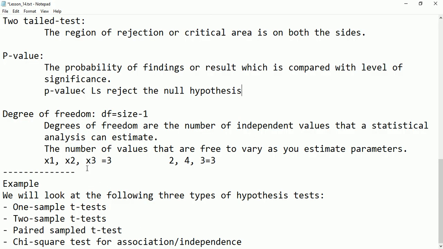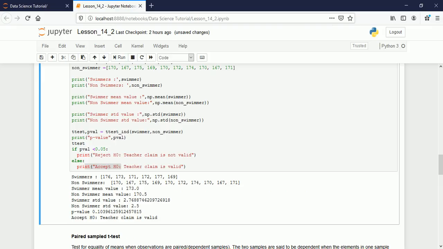If it is less, we will reject. If it is greater, then we will accept. So it means the teacher's claim is valid. Those who swim will be somewhat taller than those who do not swim. So the teacher's claim holds here.